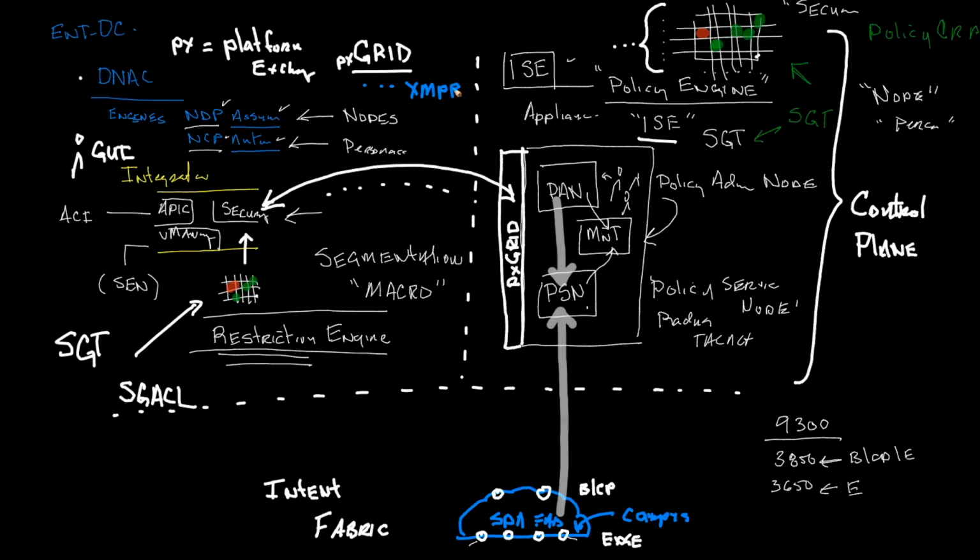XMPP is how we get our platform independent mechanism. So I could take a Cisco proprietary solution and communicate using pxGRID to any other device, whether it's Cisco or not, the information associated to what's on the grid using extensible messaging and presence protocol, or XMPP.